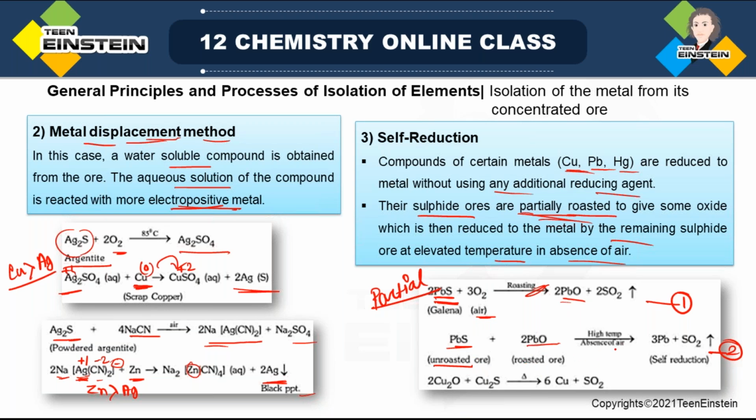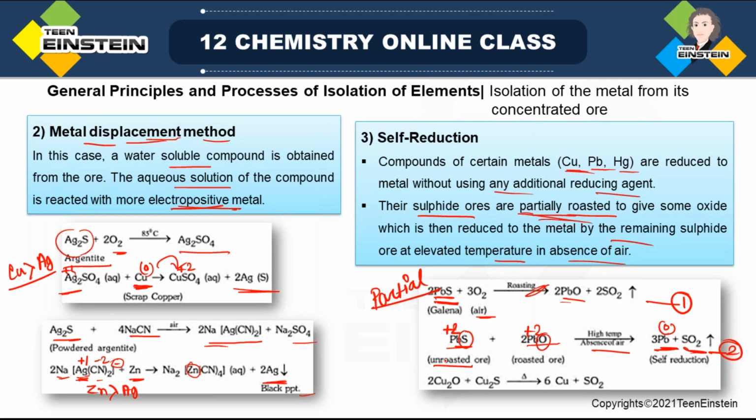When it is heated at high temperature without the presence of oxygen, what happens? Pb is in the +2 state in both, but ultimately it will be converted to Pb0. So it is reduced, and sulfur and oxygen together make sulfur dioxide.